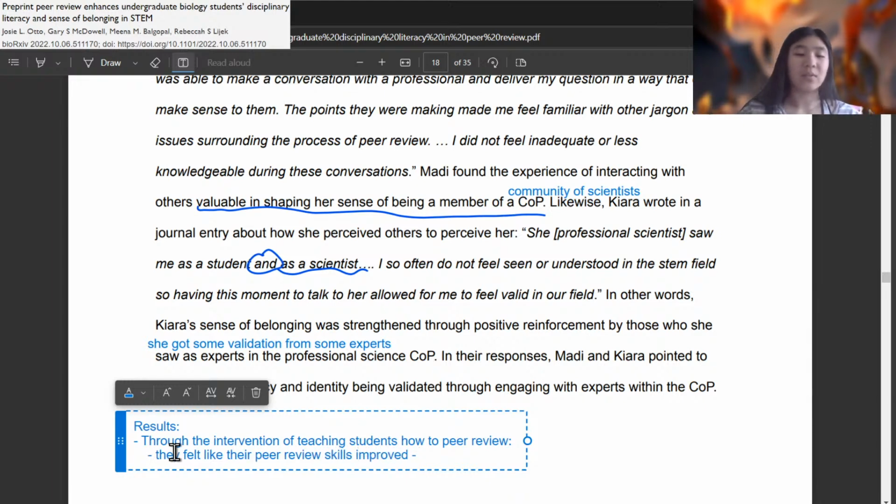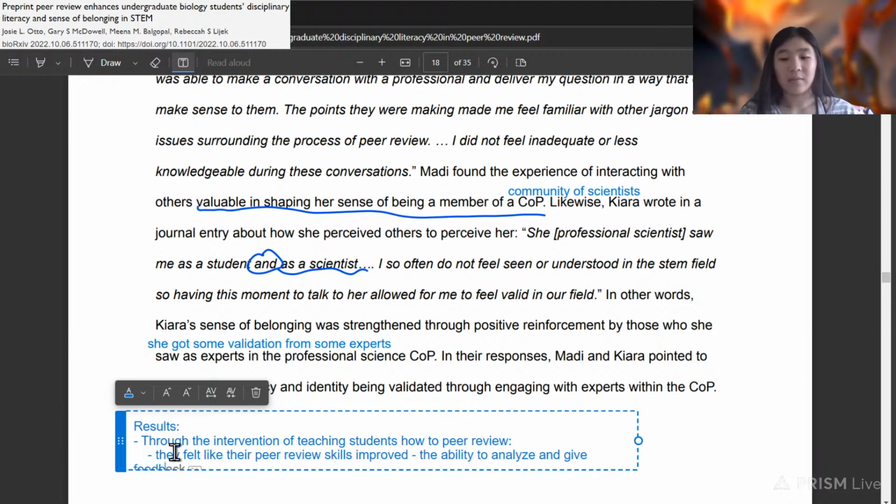So peer review, again, is just the ability to analyze and give feedback on a research article.